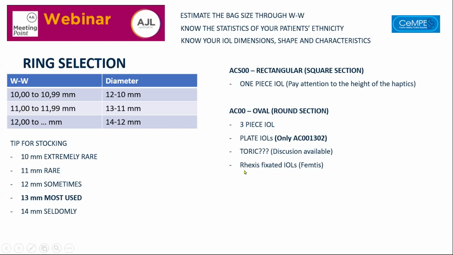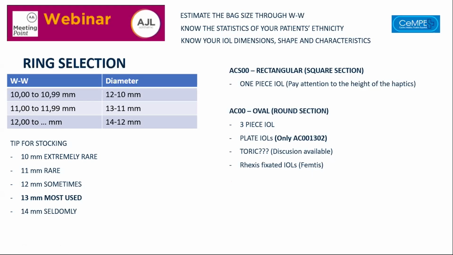And for rexis fixated IOLs like the Femtis lens, it's also advisable to implant a capsular tension ring. I don't know if you know the shape of these lenses, but the part of the lens that goes inside the bag is thin and the material is very soft.